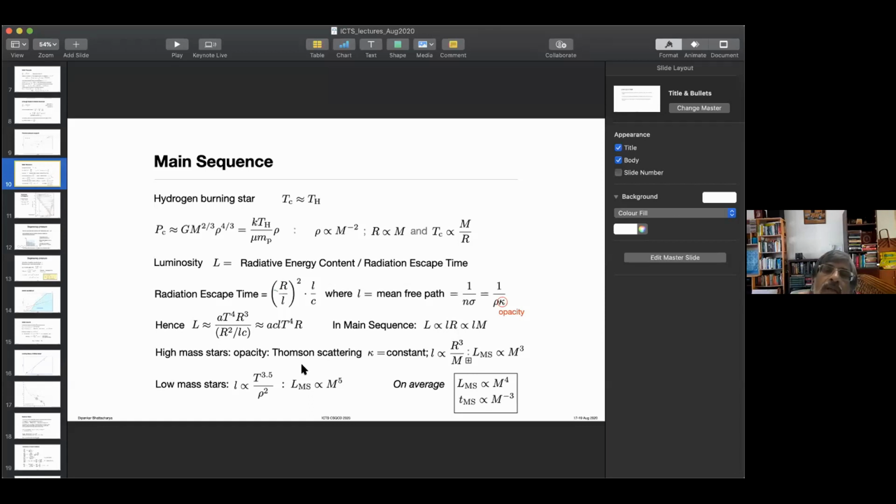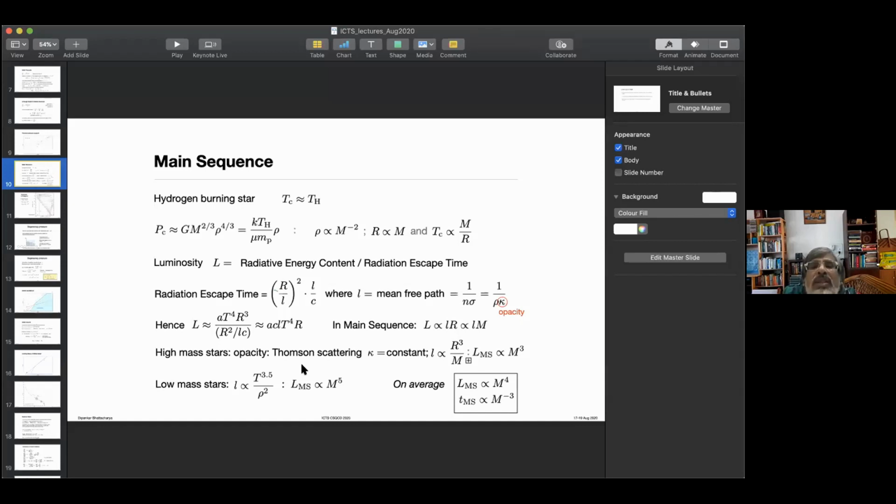Now, for a given temperature, you have a whole distribution of electrons with its Maxwellian velocity distribution profile.